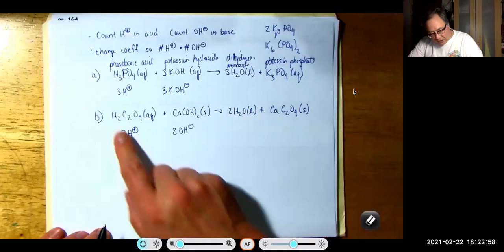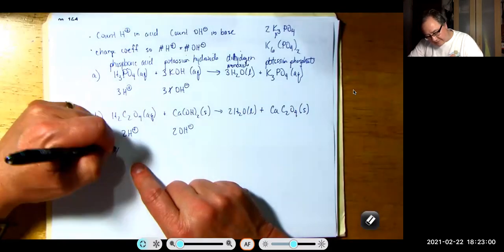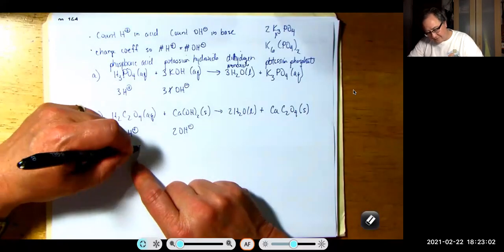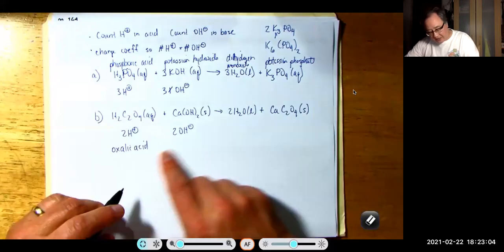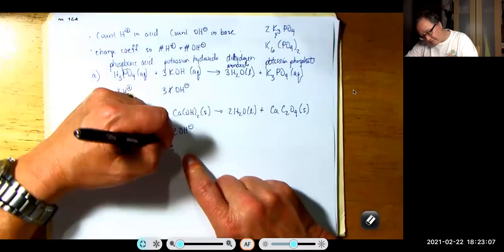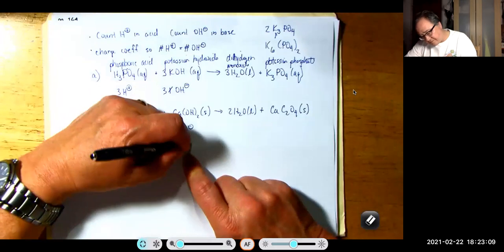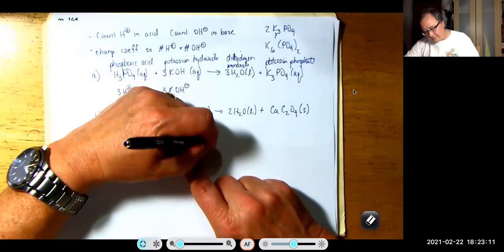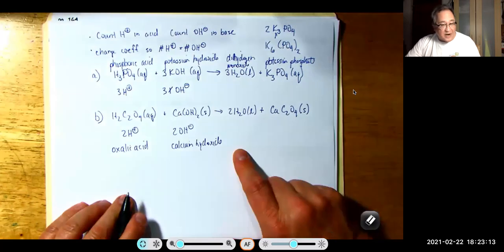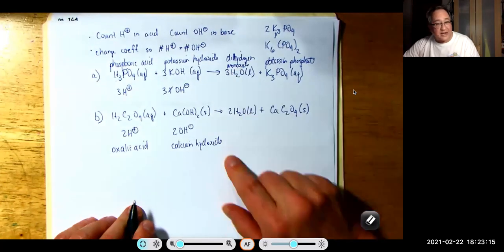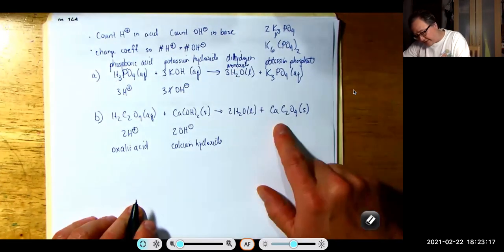This down here is called oxalic acid. This is called calcium hydroxide. This one we've already named dihydrogen monoxide, and this is called calcium oxalate.